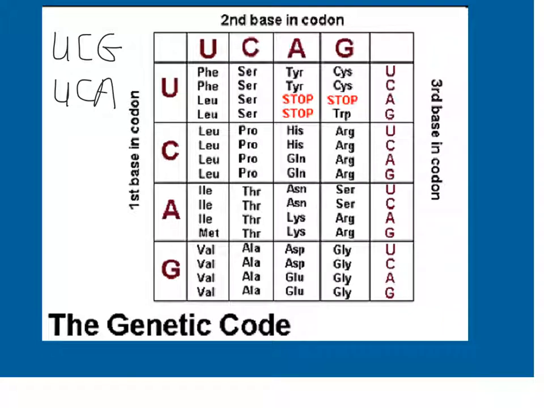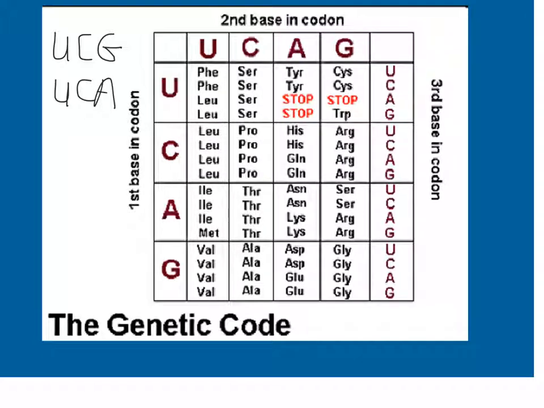And then let's see what the mutation would call for. Again, here's our first base, here's our second base, here's where they meet, and sure enough, it's still going to code for the same amino acid. So that is what we would refer to as a silent mutation. Yes, there was a change, but it didn't change the outcome as far as what amino acid was coded for.